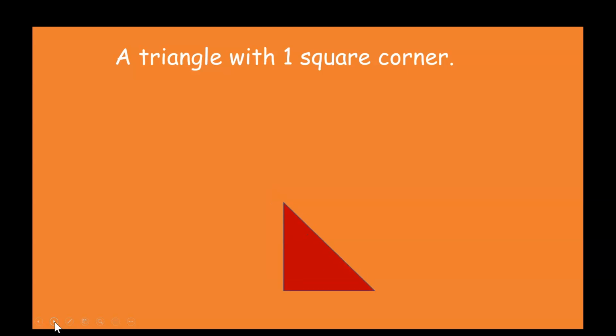I took one of my triangles and put it there on the bottom. Then I put my square right next to it. And then I took my other triangle and I put it on top there. And I have a triangle here with 3 sides and 3 angles. And one of my angles here is a square corner.